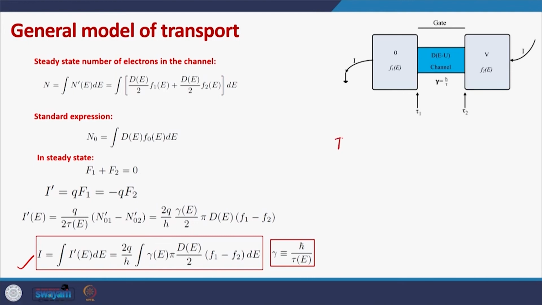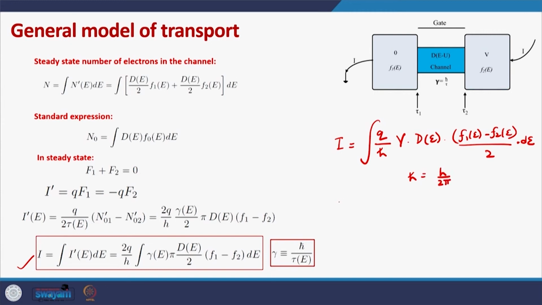What we obtained was, we derived an expression that the total current is Q by H bar into gamma into dE into F1(E) minus F2(E) by 2 times dE. This was the total current expression that we derived. It can be simplified further if we write H bar equals H by 2 pi.